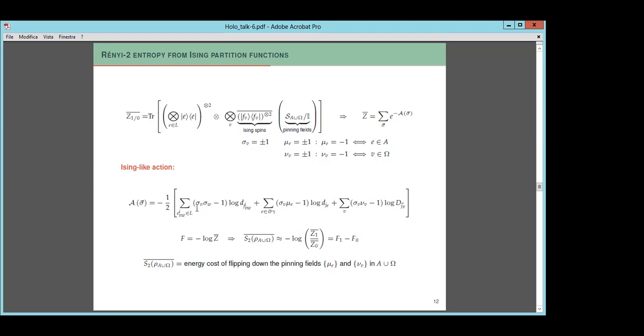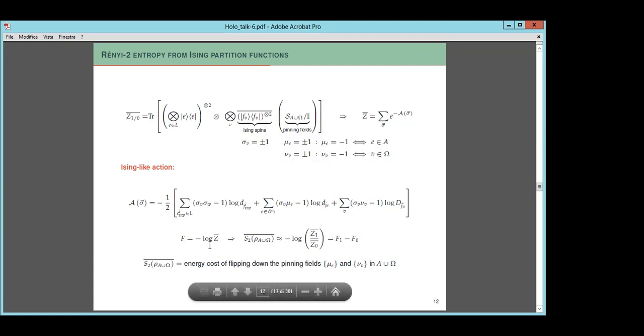So we have interaction between Ising spins, and the strength of interaction is proportional to the logarithm of the dimension of the link connecting them. Interaction between Ising spins and the corresponding spins that live on the boundary, and the same for the intertwiner ones.